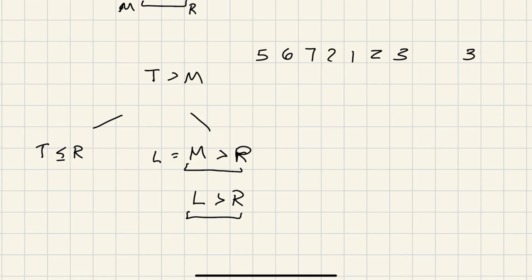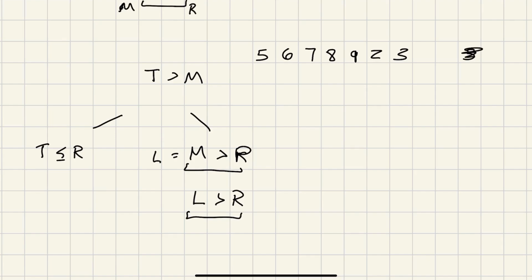Let's make this an 8. Okay. No, this needs to be a small number still. 0, 1, 2, 3. Mid has to be greater than right. Oh, well, this can extend to 8, 9, and then it can go to 2, 3.